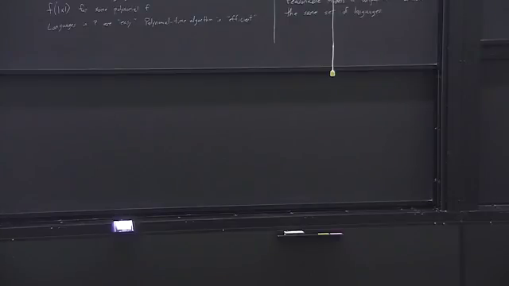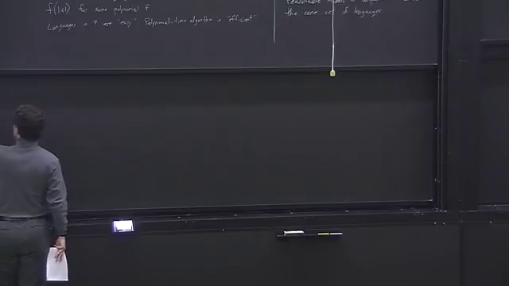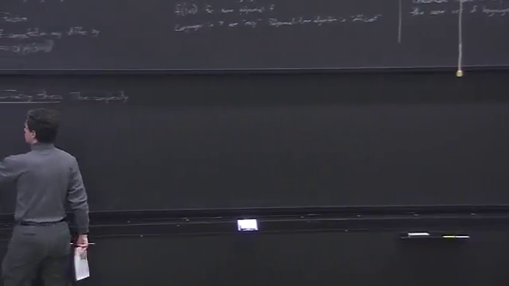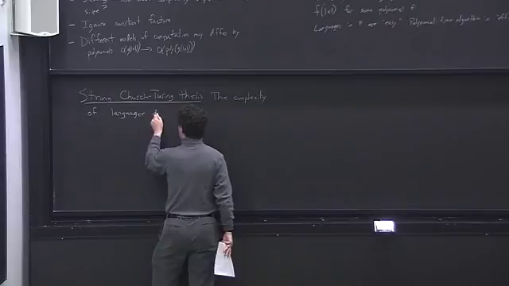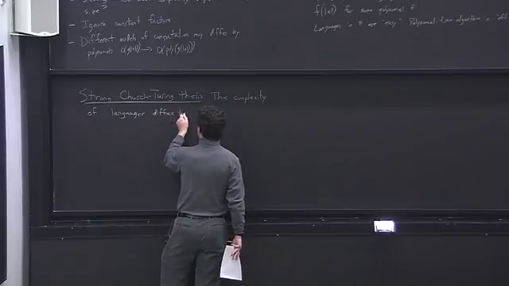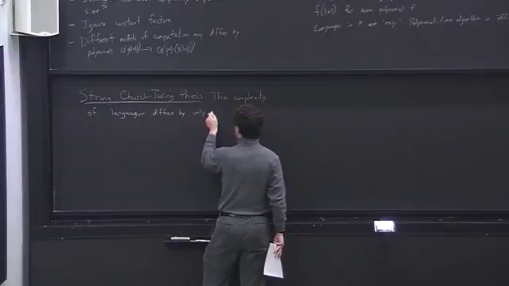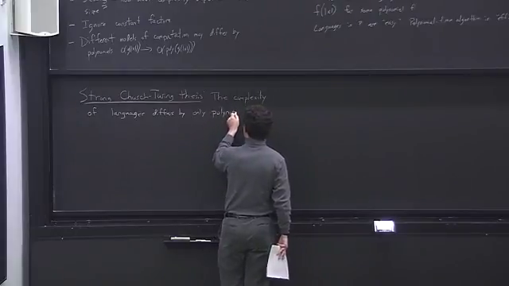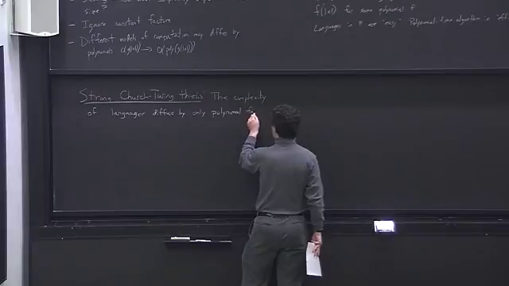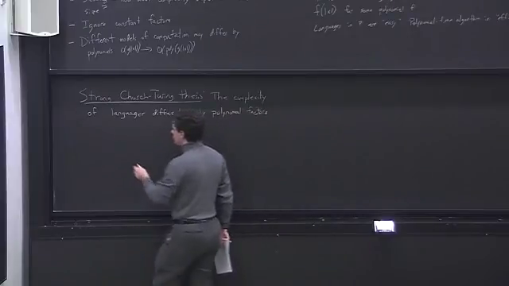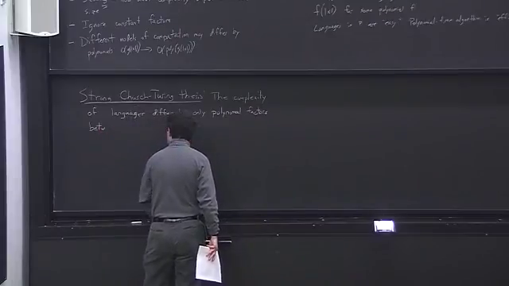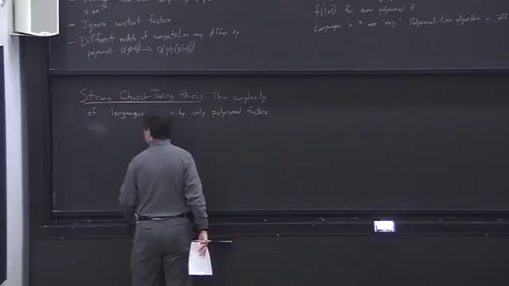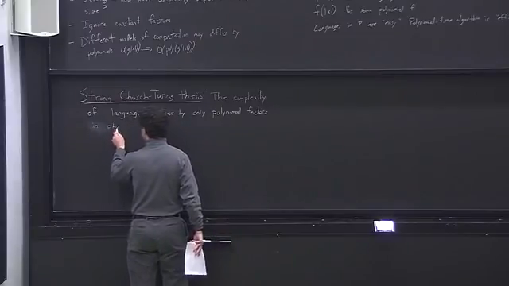And that says that the complexity of languages differs by only polynomial factors between physically reasonable, well, maybe I should say, in physically reasonable models of computation.